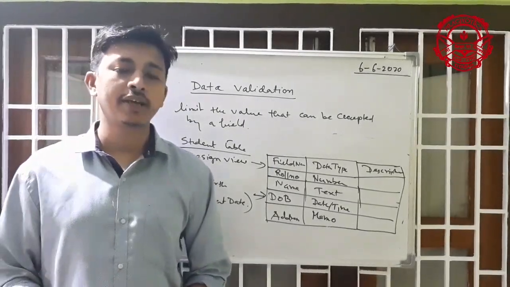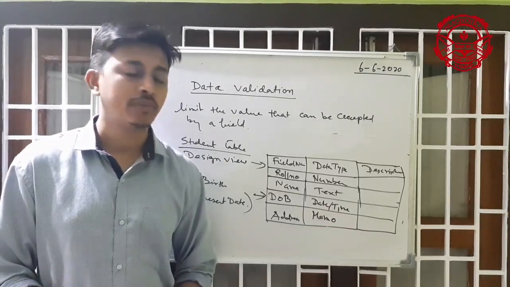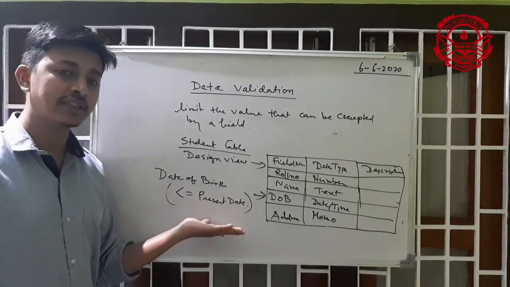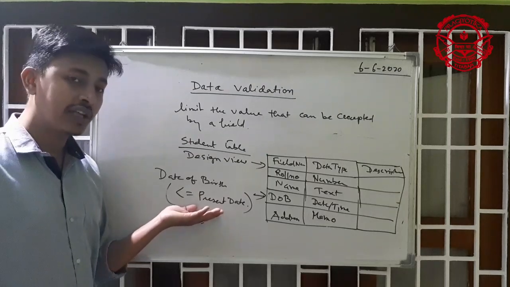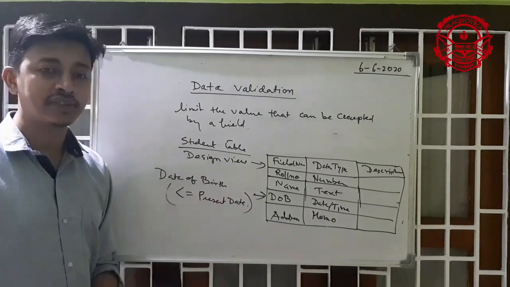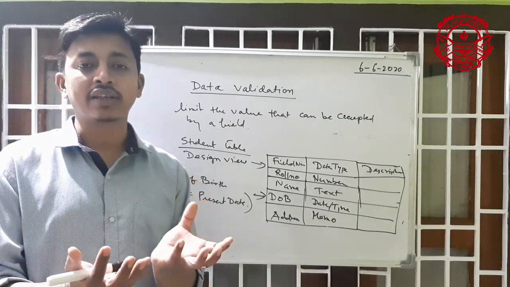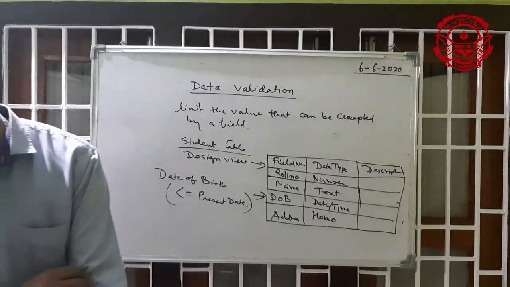Means what? Sometimes a user types anything. For example, a date should be less than or equal to present date. If it is not equal or less than present date, it will give an error message. So means you can create your own restriction.